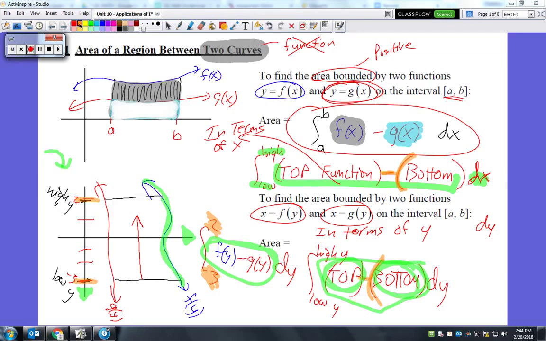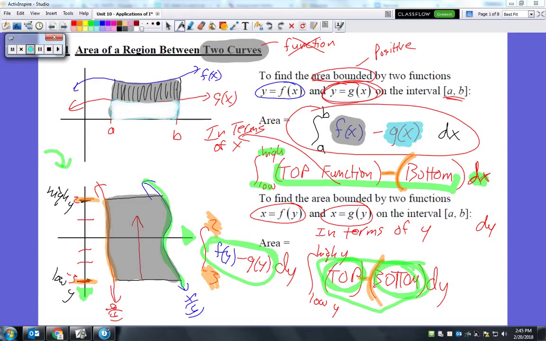And where would the bottom function be? Well, it would be the one that is right here. So if you're not tilting your head, it's the furthest right minus the furthest left. Okay? I like to tilt my head and show what those top and bottoms will equal. And then that will give you this area all right here.